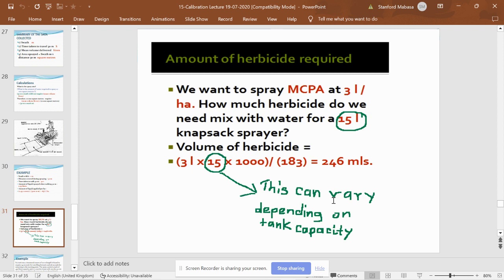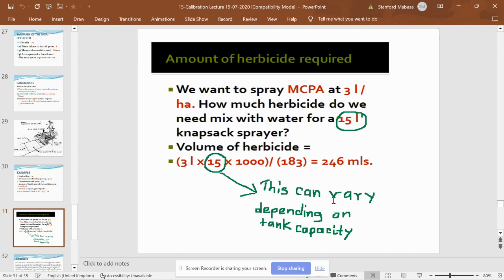Now, we may want to know the amount of herbicide which is required for mixing. For example, we want to apply MCPA at 3 liters per hectare. The question is, how much herbicide do we need to mix with water for a 15-liter knapsack sprayer?